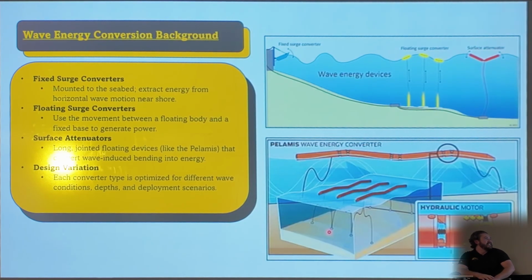But the goal was to have it be more like a surface attenuator. That's the style of it, at least. But the functionality right now of the prototype is definitely a lot closer to this guy.